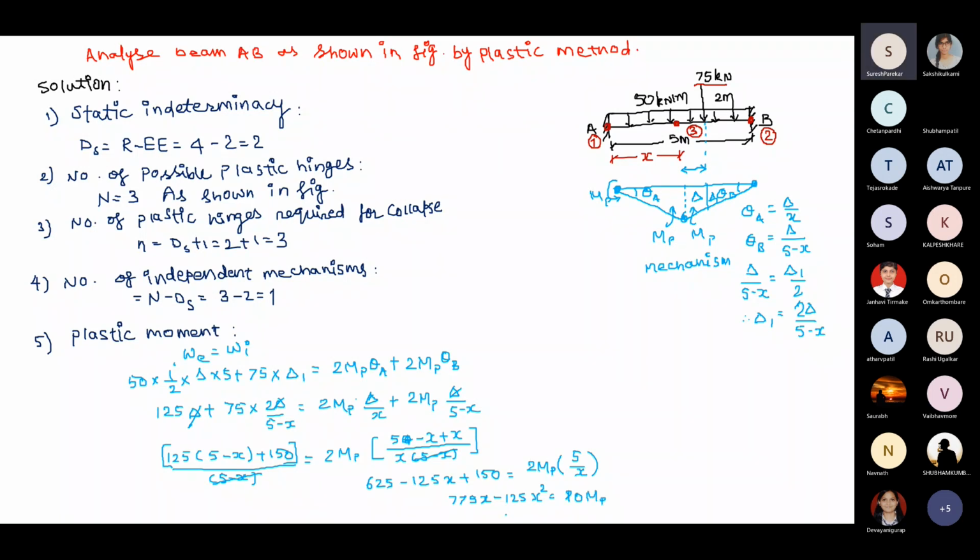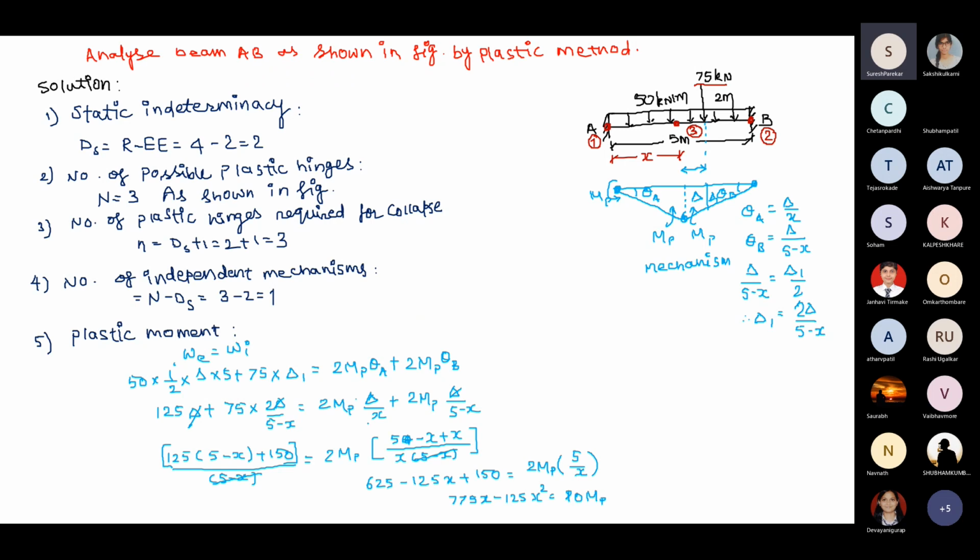And then if we divide this, we will get MP equal to 77.5x minus 12.5x square. Just check this. We have divided it by 10. Therefore, you will get MP equal to 775x minus 125x square divided by 10.